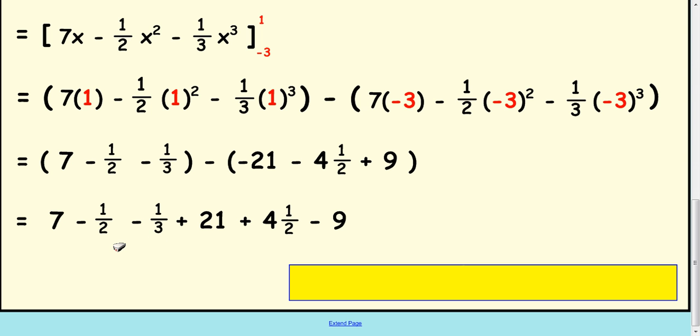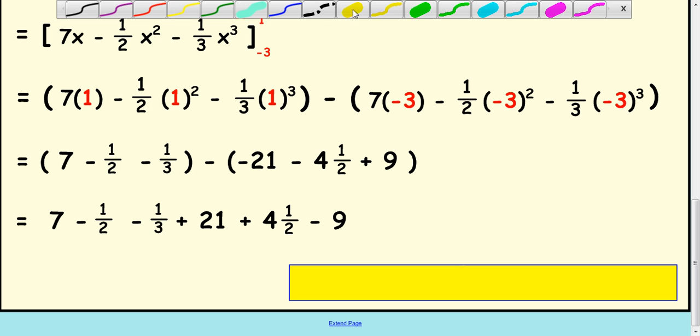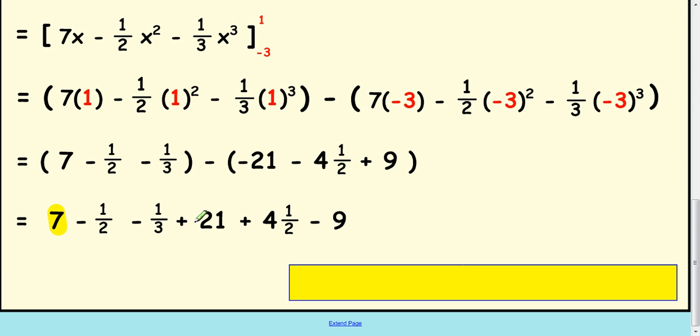When you end up with that situation, look at all the whole numbers first. So look at your 7, your 21, and your take away 9. That's going to come to 28, take away 9, which is 19.